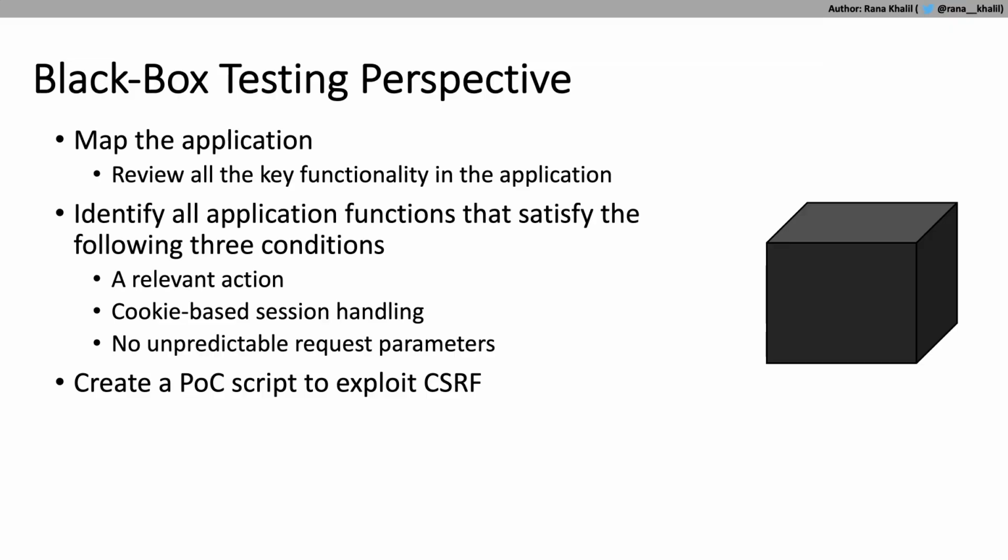However, you also need to confirm that, because some applications have unconventional defenses for CSRF, and we'll talk more about that in the last section. That's why it's always good to create a POC, or proof of concept script, to show that the functionality is vulnerable to CSRF.